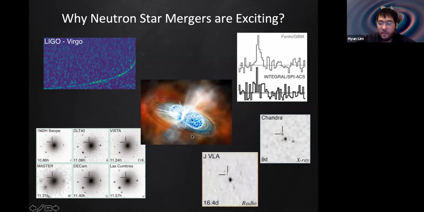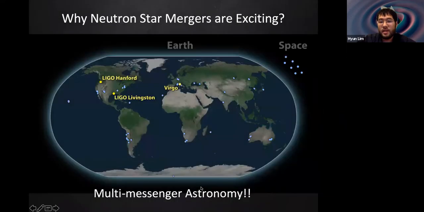And after that, the VLA, which is located in New Mexico, detected the radio waves. So for one single event, we can literally use all the possible astronomical observatories to understand this event. And this is just an example of where these are located.